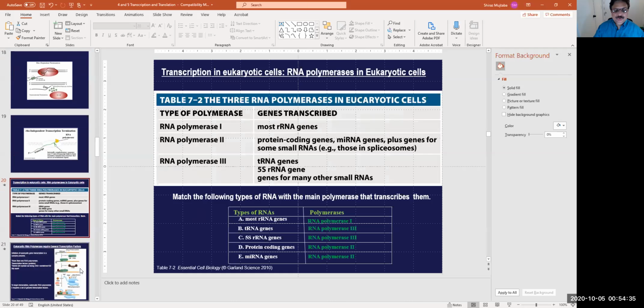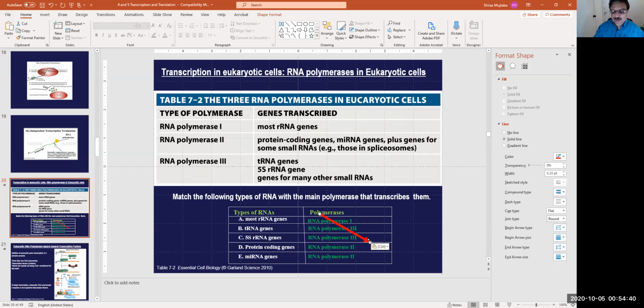Now, I mentioned to you there are kinds of RNA: mRNA, tRNA, rRNA, miRNA, right? RNA polymerase is a family of proteins, and there are three kinds: RNA polymerase 1, RNA polymerase 2, and RNA polymerase 3. They have specific roles. RNA polymerase 1 mostly synthesizes ribosomal RNA.